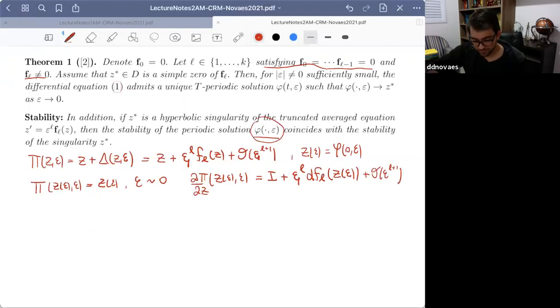Okay? So since this initial condition z epsilon is given by the implicit function theorem, we know that it is smooth in epsilon.